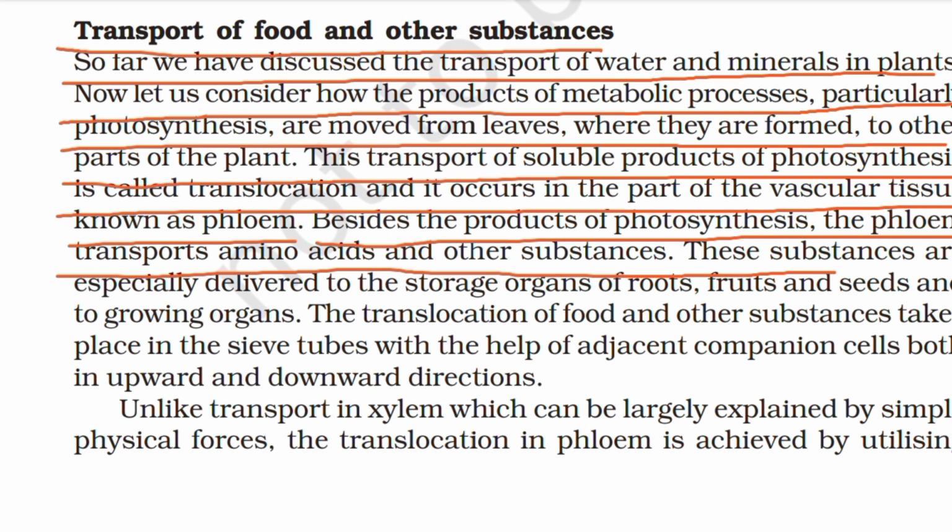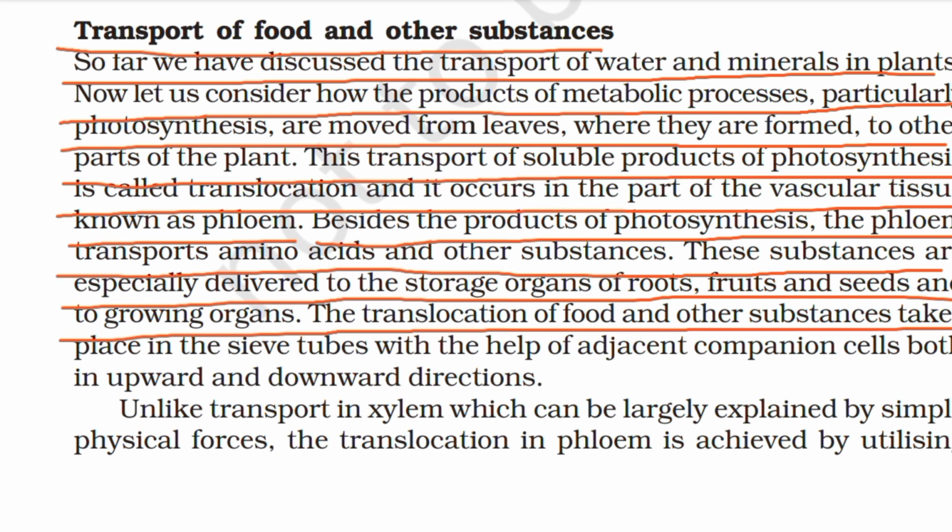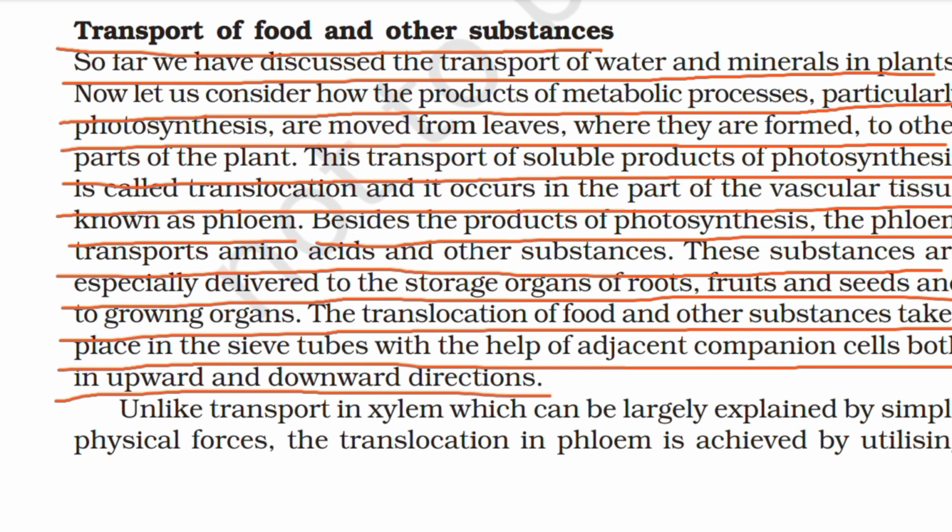Besides the products of photosynthesis, the phloem transports amino acids and other substances. These substances are especially delivered to the storage organs of fruits and seeds, and to growing organs. The translocation of food and other substances takes place in the sieve tubes with the help of adjacent companion cells, both in upward and downward directions.